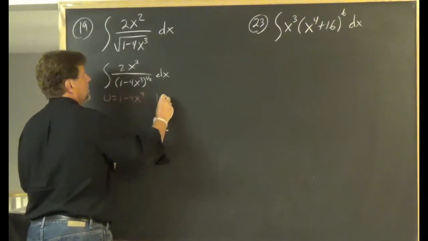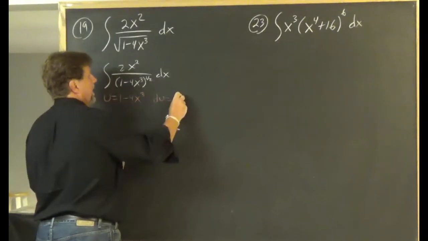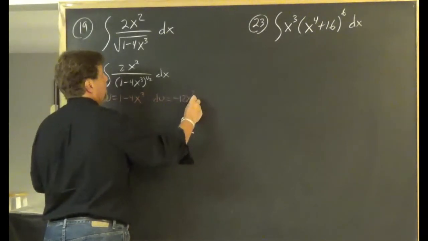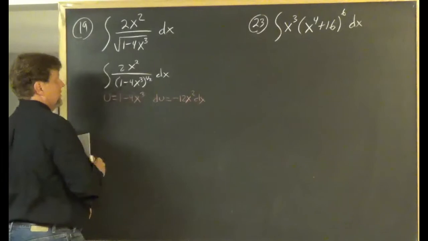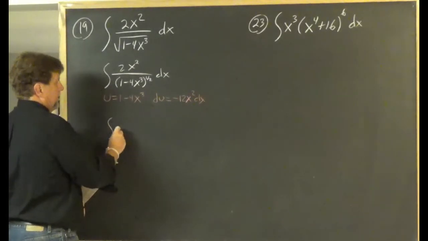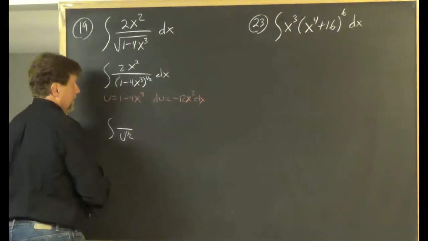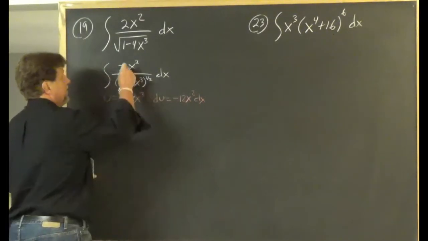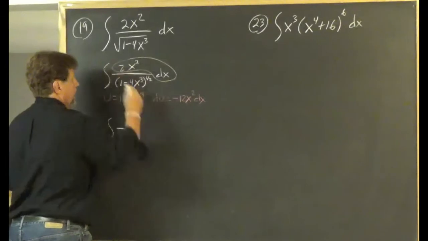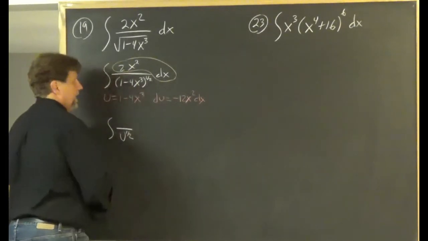Du is negative 12x squared dx. So when I substitute in, I do my u first, so I have u to the 1/2. Now I still have a 2x squared dx to take care of.